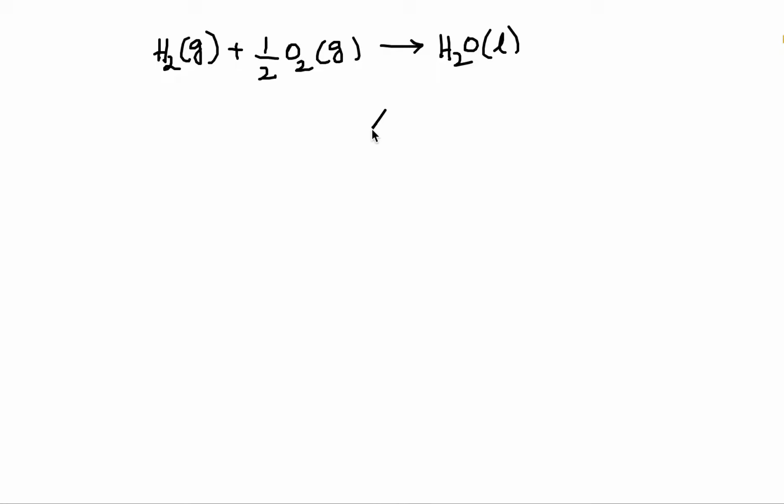And the heat of combustion, or energy released here in the combustion of 1 mole of hydrogen, is negative 285.29 kilojoules per mole, which in other terms is basically the delta H naught formation of H2O liquid. Okay, this is about the combustion enthalpies.